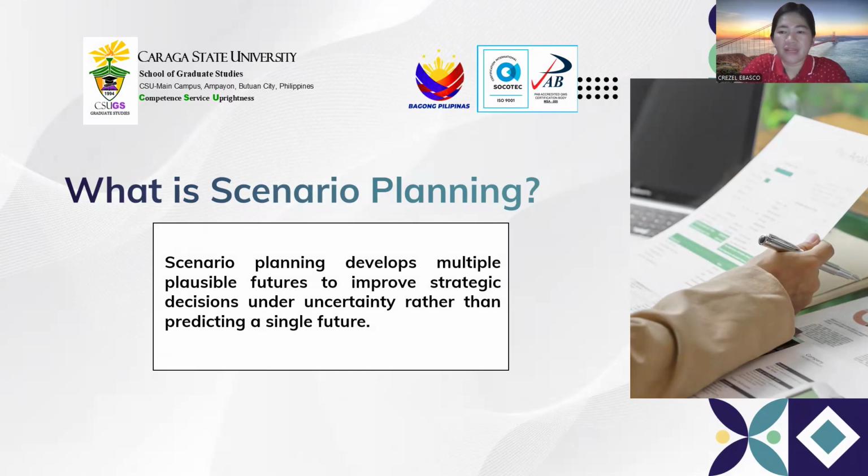Instead, it develops several plausible futures based on uncertainties affecting the organizations. The objective is not accuracy, but preparedness. Organizations use scenario planning to explore possible risks, opportunities, and strategic responses before major changes occur.